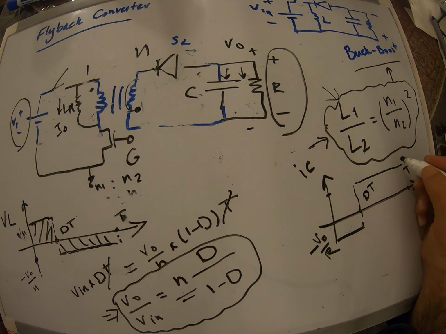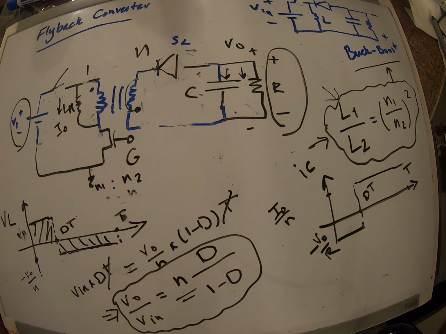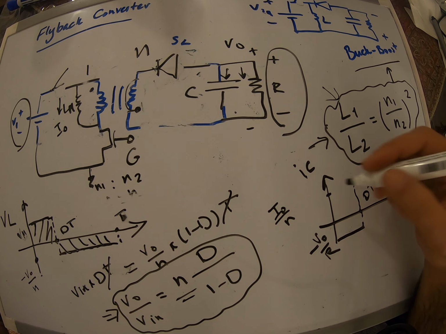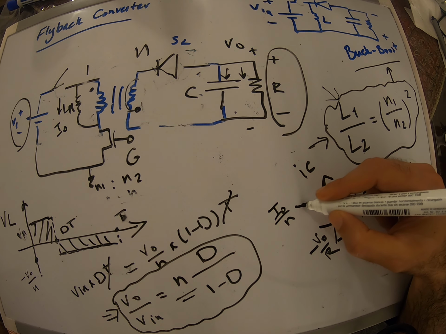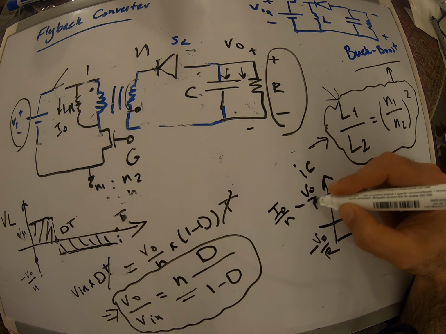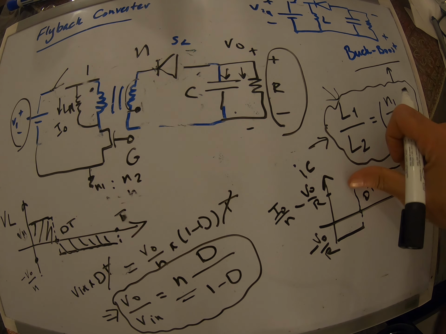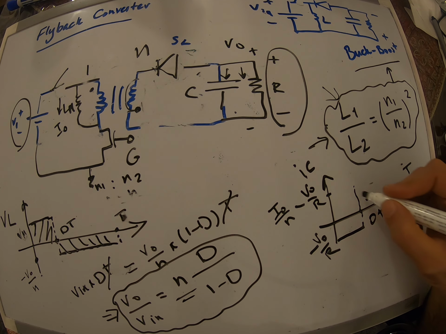And this is going to be IO over N, because it has to be converted back to this side, right? IO over N minus VO over R.